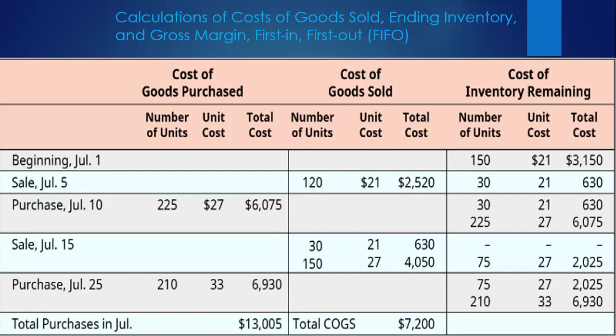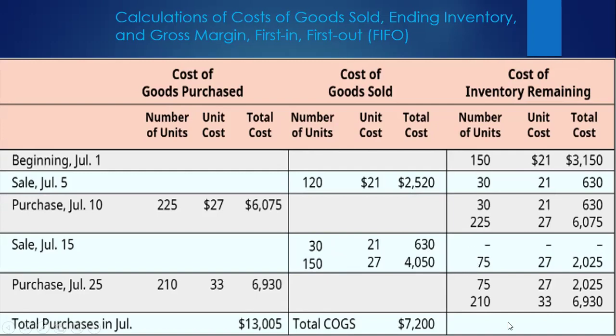This is my cost of the goods that were sold. I exactly sold here 120 and 180. 120 at the rate of 21, right there. For the 180, it was 30 and 150, because I didn't have enough from the old stock. I sold everything, consumed all of them. Then I moved down and I took 150. So I have a total of 180.